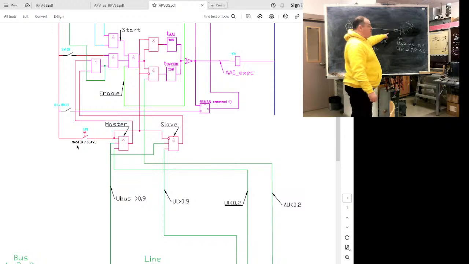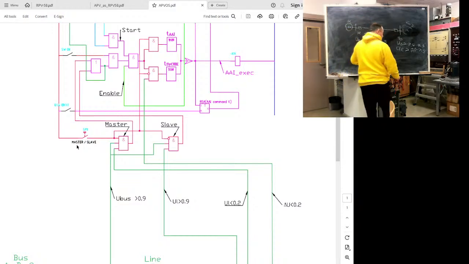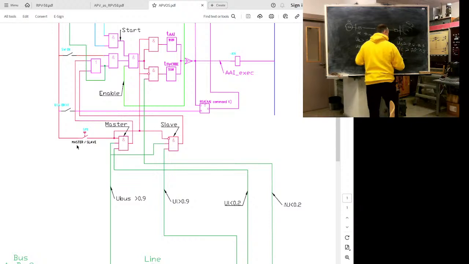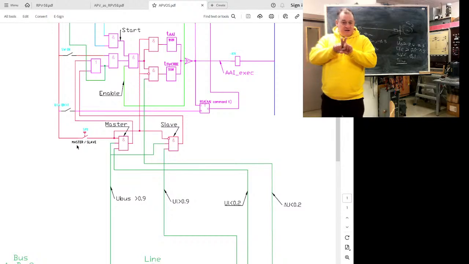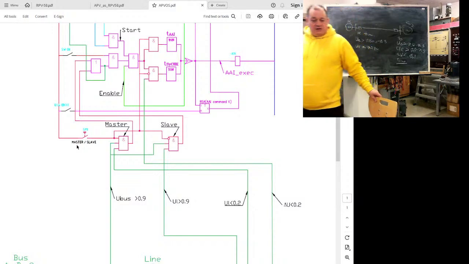When the slave sees this condition, it checks delta U, the vectorial voltage difference, less than something like 0.1, and it should check delta omega, the difference in frequency, or slide. Only if the frequency difference is within the allowable range will the reclose command be given.